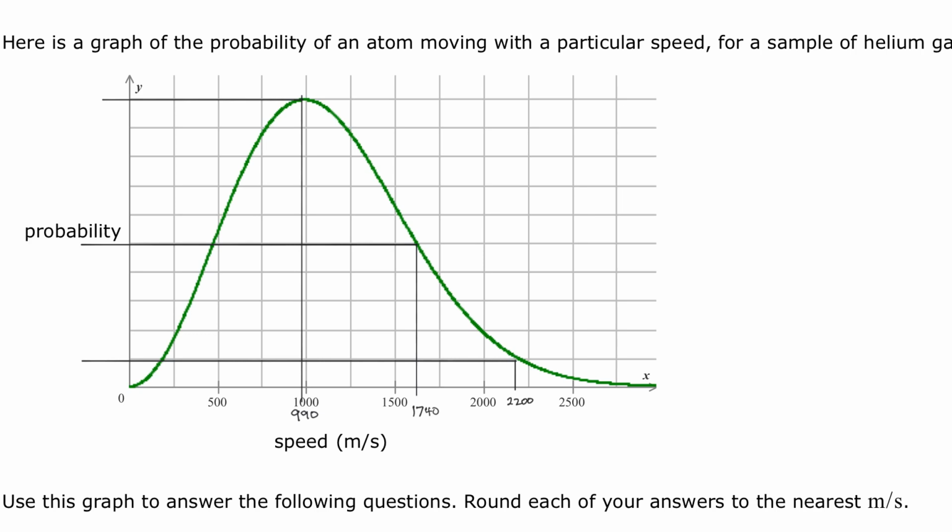And then the last one was 10%. What higher speed was only 10% of the most likely speed? So if the most likely speed was 10, then 10% would only be 1. So I just went across to 1, and then brought it down and made a guess. And that's it. That's all that you're asked to do.